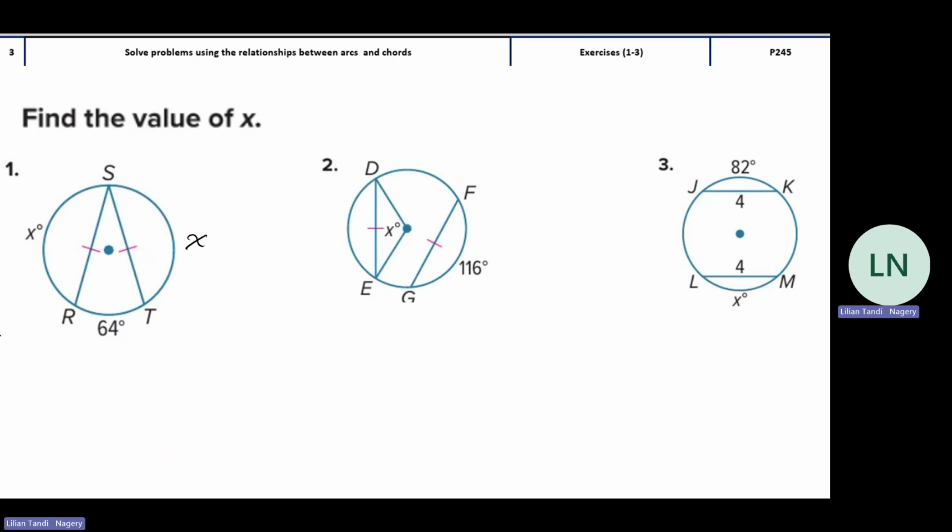So we're going to write arc RS plus arc ST plus arc RT should equal 360.